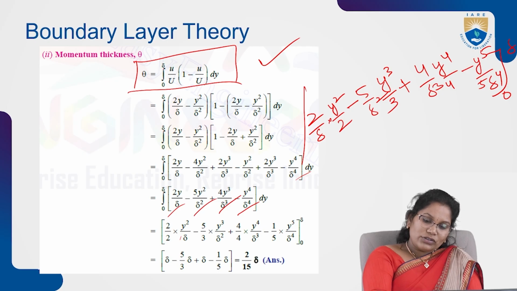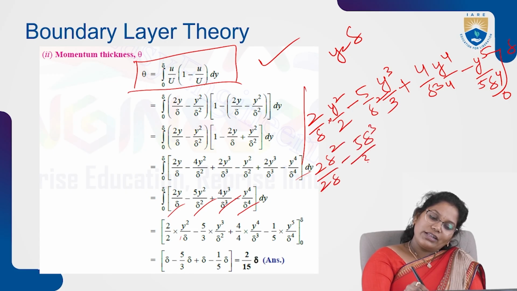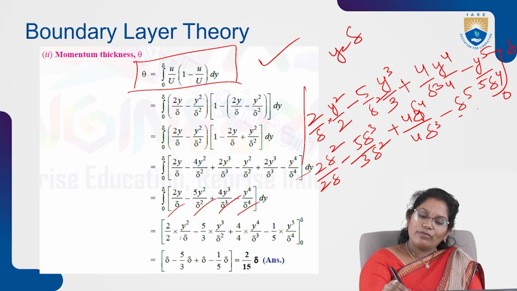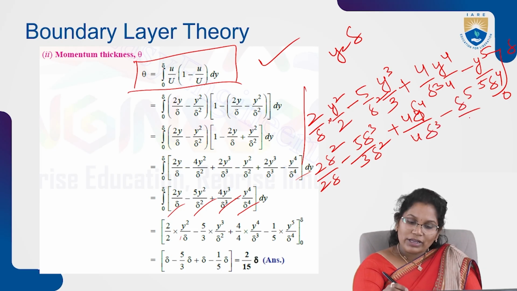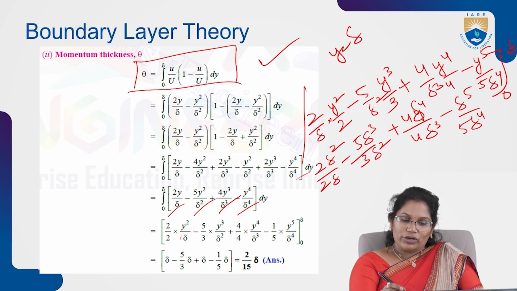Right? So substituting delta directly in place of y. So here 2 delta square by 2 delta minus 5 delta cube by 3 delta square plus 4 delta^4 by 4 delta cube minus 5 delta^5 by 5 into delta^4. This is what you got. Right?